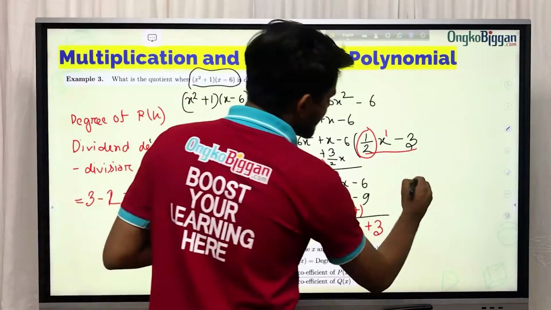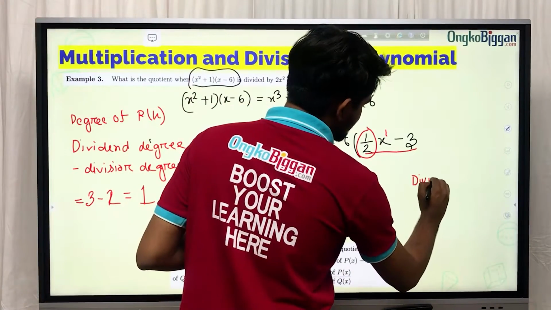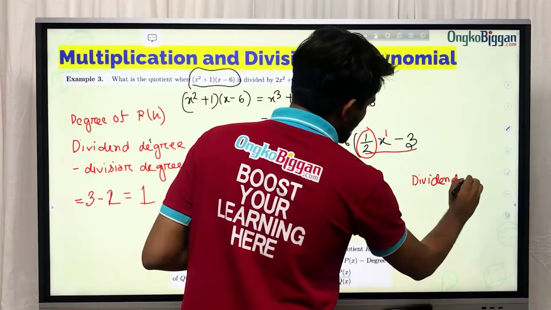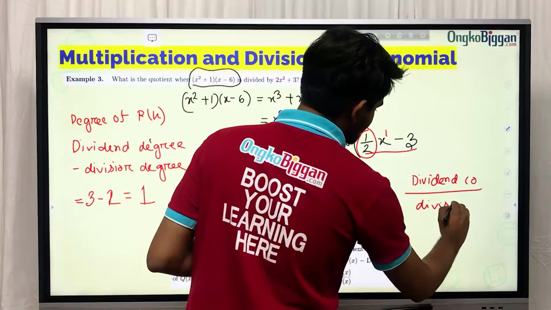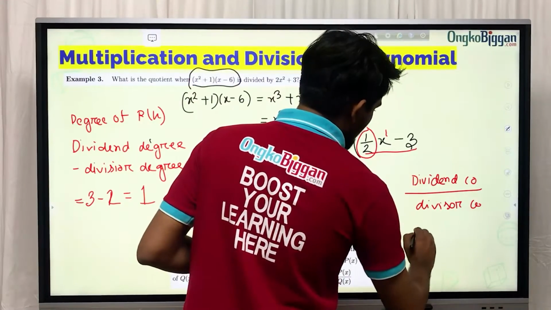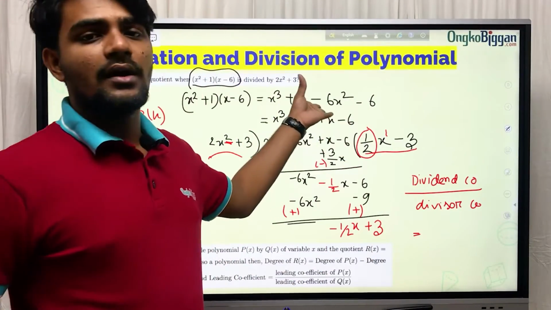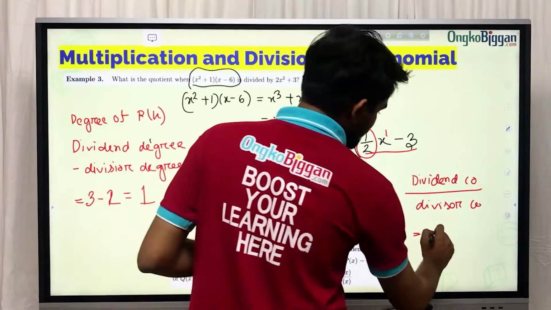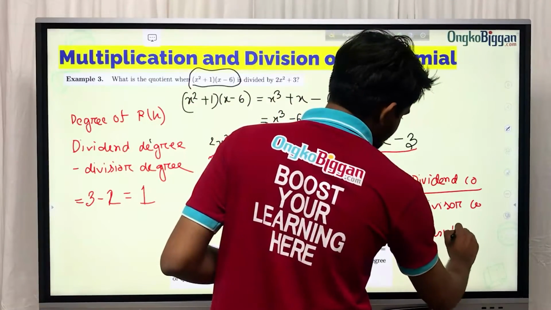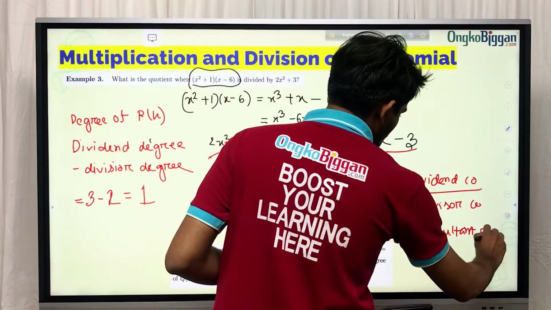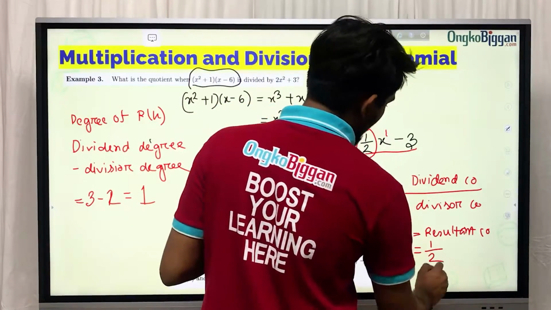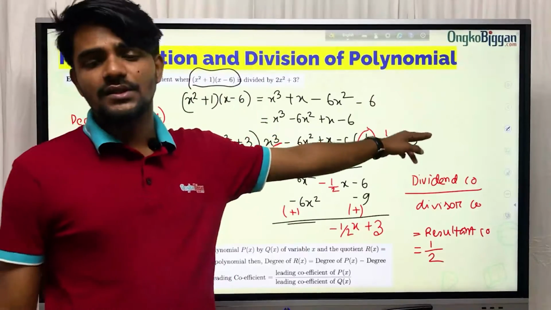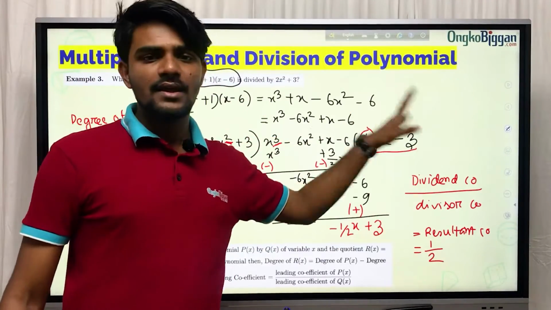So if I divide the dividend coefficient by the divisor coefficient, I will get the value of the resultant coefficient. The value is basically 1 divided by 2, half. 1 is the coefficient of the dividend and 2 is the coefficient of the divisor.